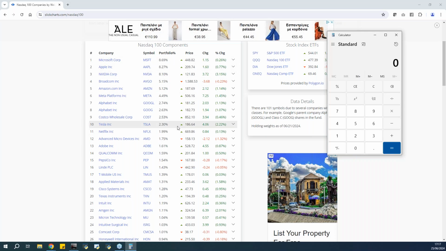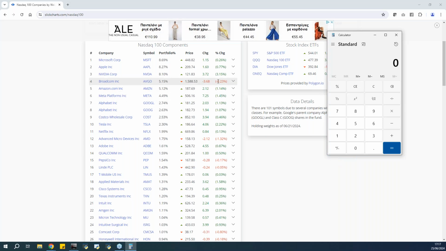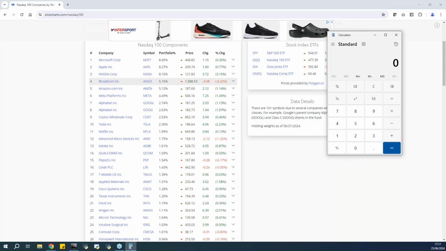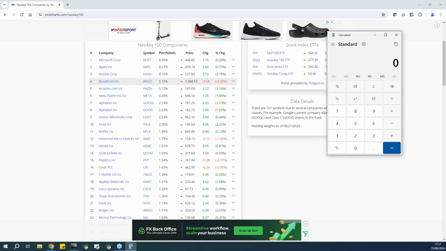Something which is definitely great is if I look at the top 10 most influential stocks here, only one is declining, and it is a very small decline. To be honest, nothing to brag about, but nonetheless, it is a decline. So from the top 10 most influential stocks, 90% is increasing in value. 90% is increasing in value.